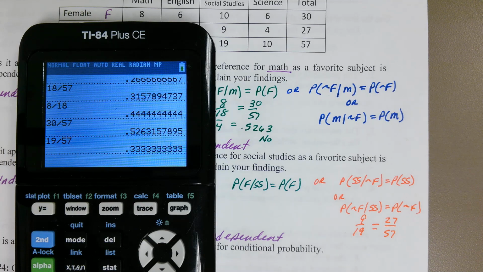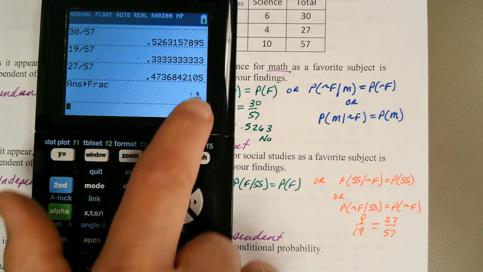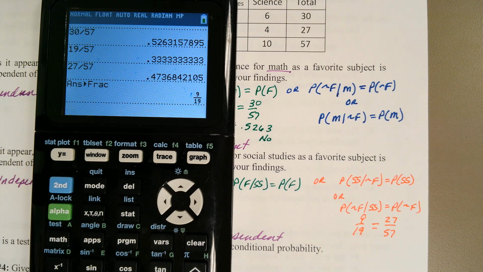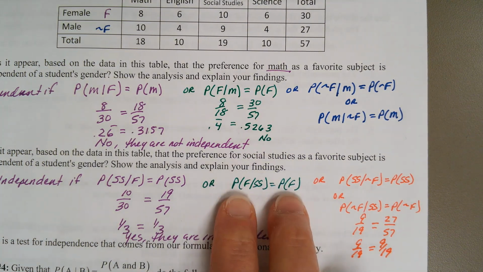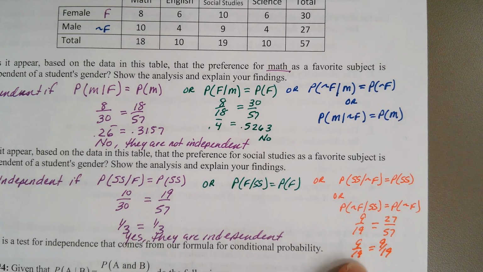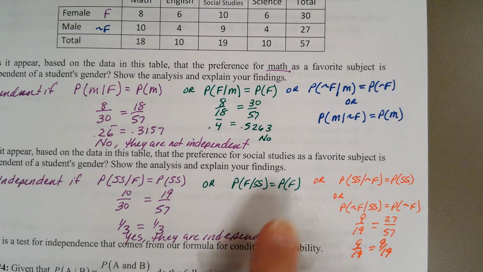Let's see, 27 divided by 57, if I math frac that, is 9/19. So they are equal. So if we tried this, the two sides would be equal. We would get different fractions than what we have here, but whatever is on the left would come out to equal whatever is on the right.